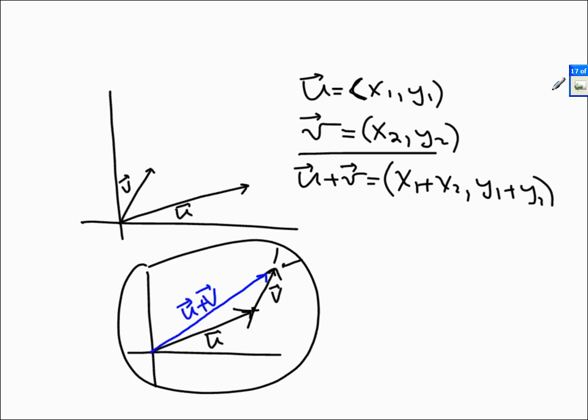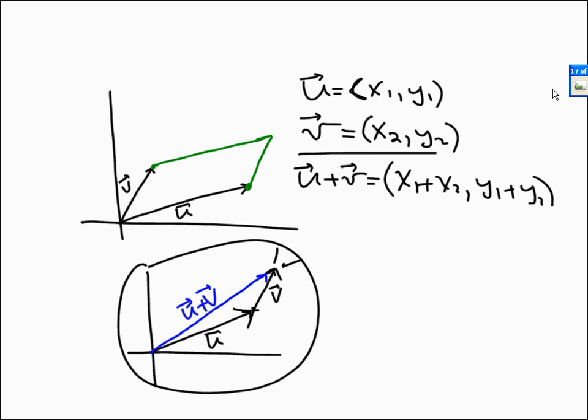Now, there's another way of doing this. What you can do is go to the head of v and go parallel to u, maybe more than you need to. And then you go to the head of u and you go parallel to v, like that. And you erase the excess.